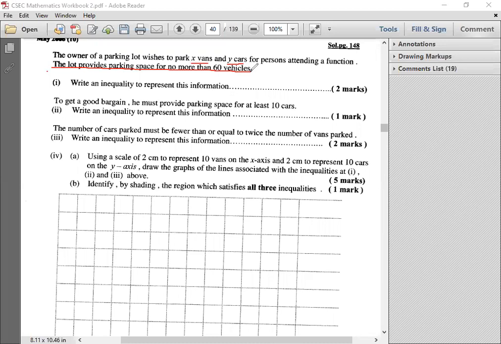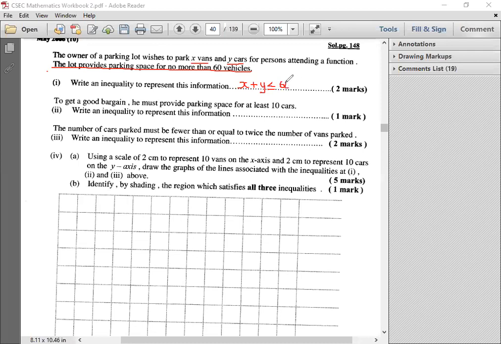So from this, you should get that X plus Y must be less than or equal to 60.